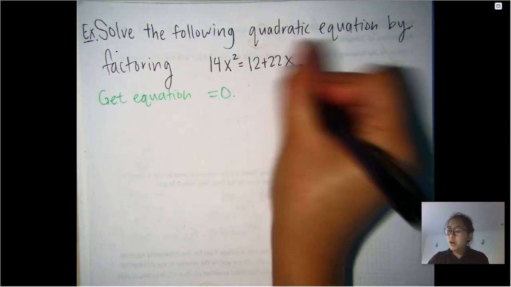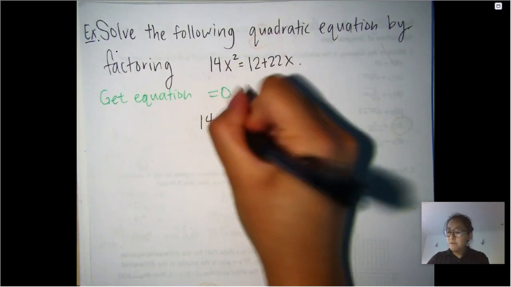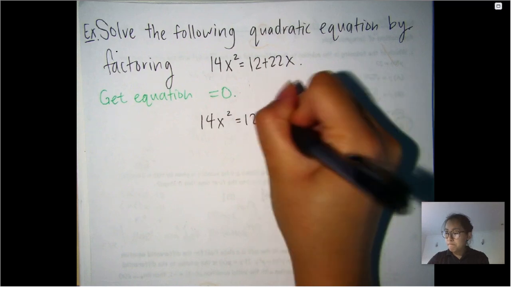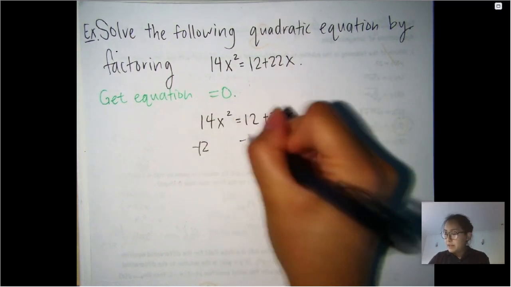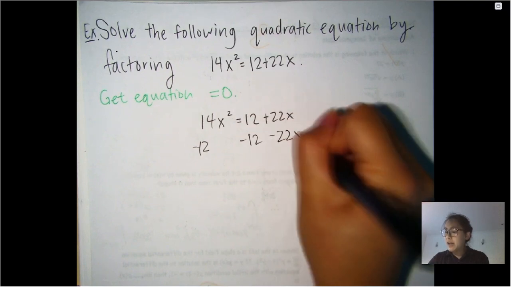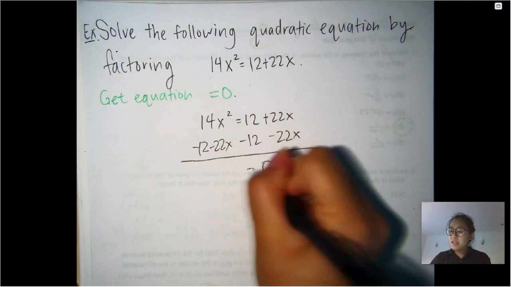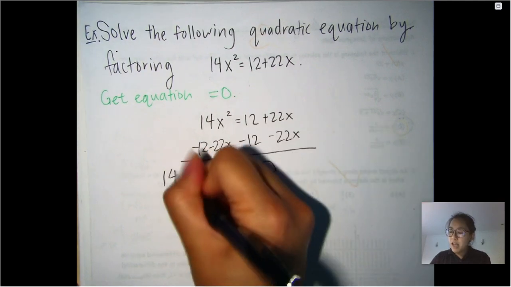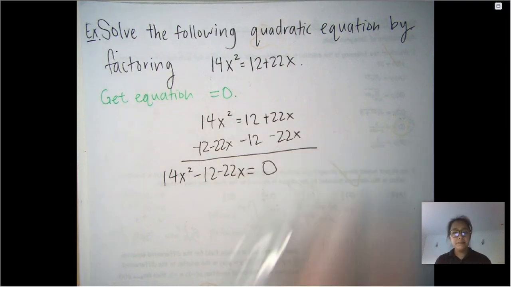So if we subtract the 12 and subtract the 22x, minus 12, minus 12, minus 22x, minus 22x, what we have is 0 equals 14x squared minus 12 minus 22x.